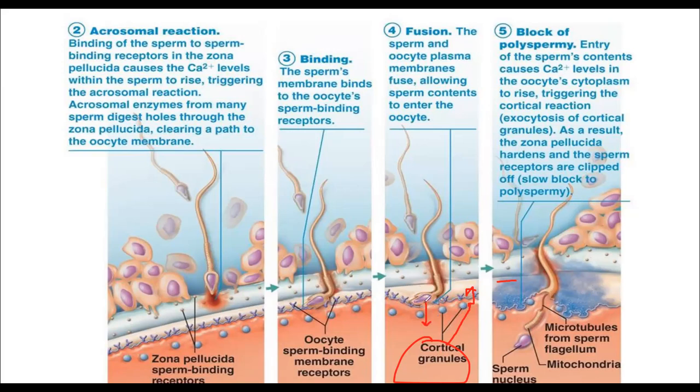Then calcium ions will increase, and as a result of the increase in calcium ions, the cortical granules will start releasing cortical substances and this will prevent multiple entry of the sperm, that is polyspermy, because of the hardening of the zona pellucida.